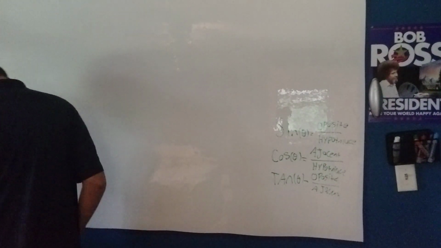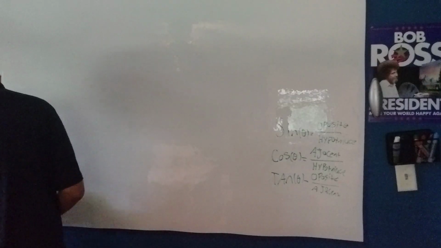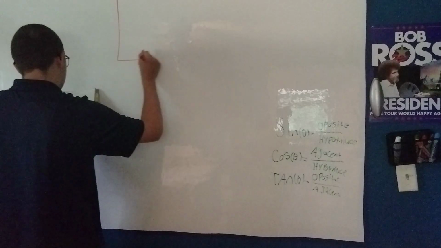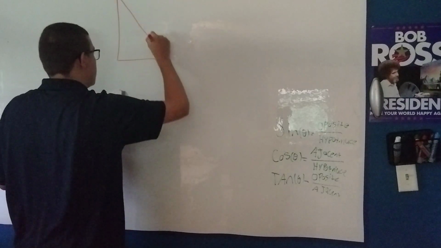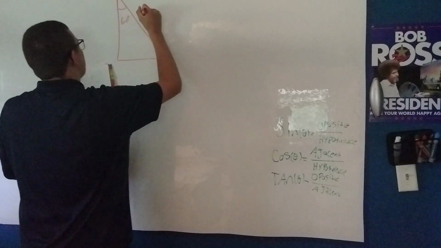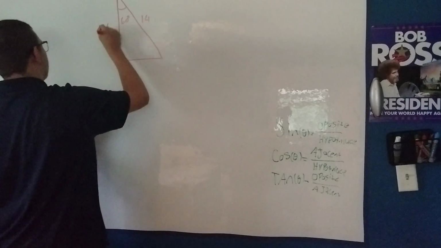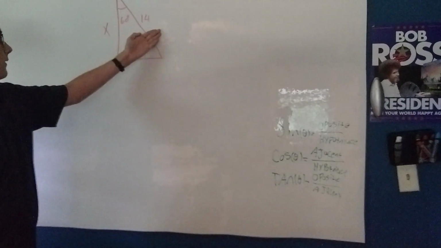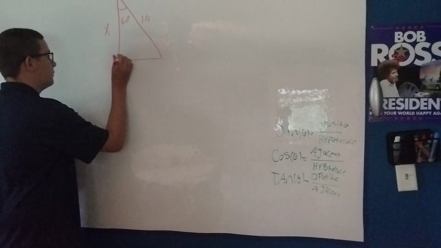Okay. From there, our next triangle. We have a triangle here like this. Call this 60 degrees, 14, and x. All right, so we have the adjacent and the hypotenuse. Make sure this is right.